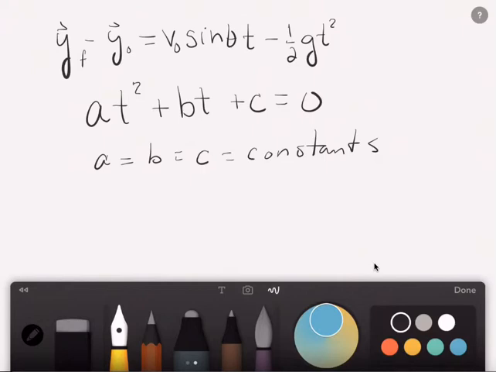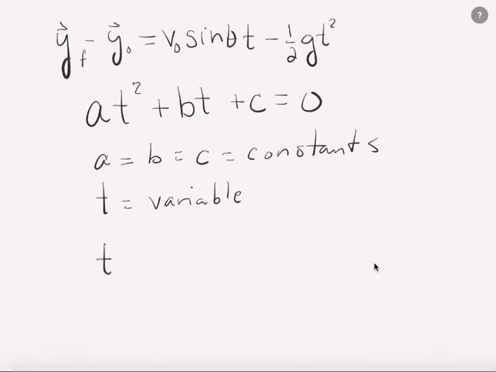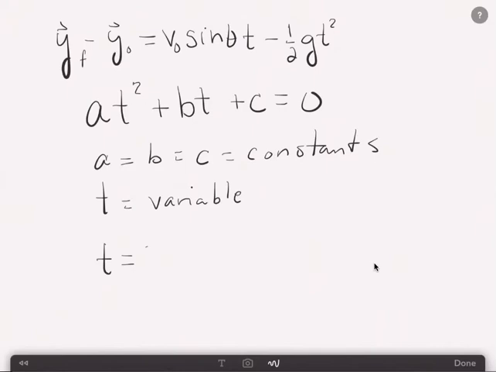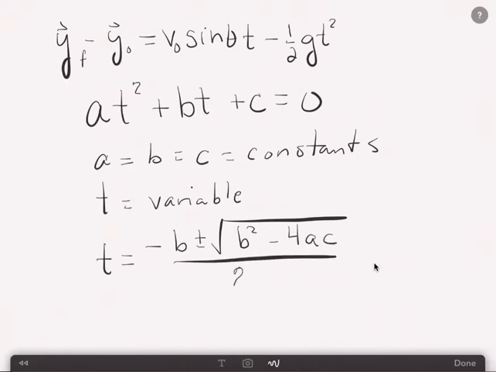And t is a variable. So that means it can change. The solution to this quadratic equation is the quadratic formula. So it's just going to be t is equal to negative b plus or minus the square root of b squared minus 4ac, all divided by 2a. All we need to know is a, b, and c.